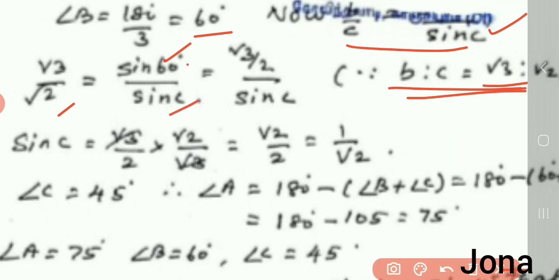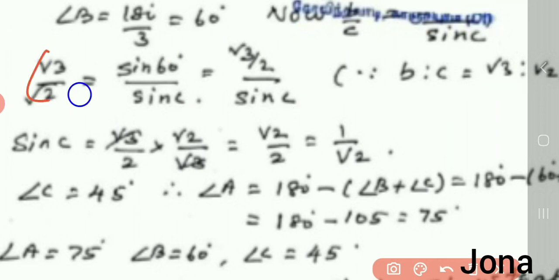From this I want to find the value of C, so I can cross multiply. Sin 60 is root 3 by 2, keeping sin C as it is. So root 3 by root 2 equals root 3 by 2 into sin C. Cross multiplying, sin C equals root 3 by 2 into root 2 by root 3.